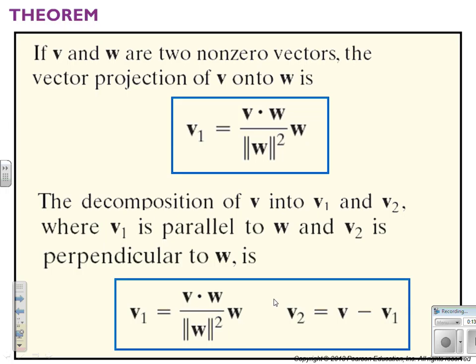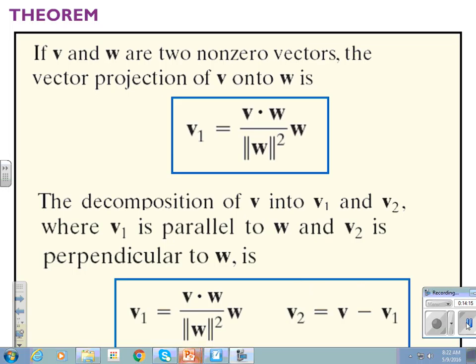The dot product of v and w divided by the magnitude of w squared times the vector w. v2 is equal to v minus v1.